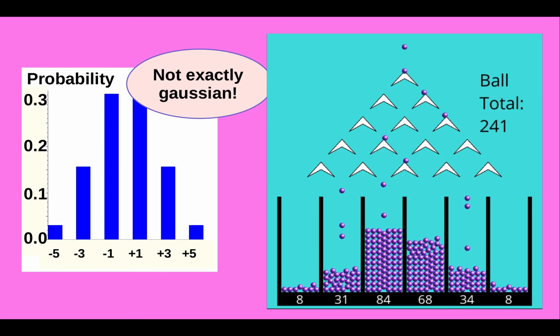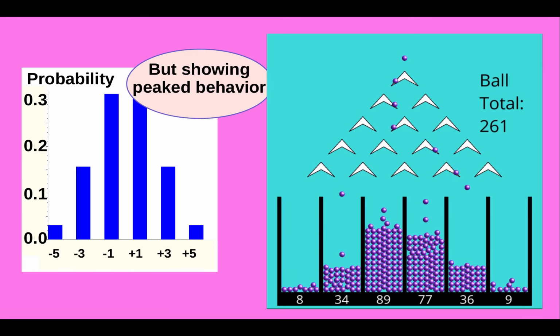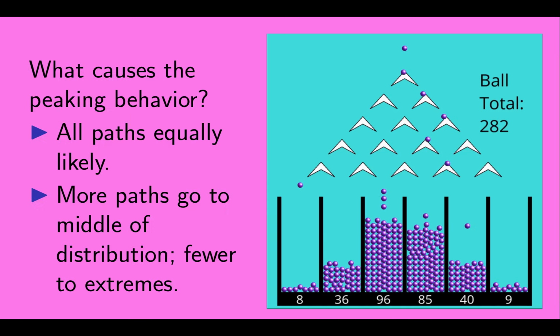Now, we can't claim that this plot looks like a Gaussian function, but the probabilities are peaking in the middle of the plot and comparably smaller in the tails. This peaking behavior comes from the fact that while all the paths a ball could take are equally likely, there are more paths that lead to the middle of the distribution and fewer that go to the tails.